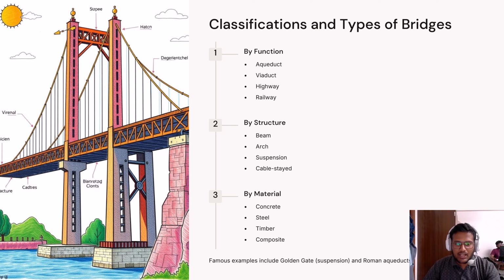Each structure type has its unique design philosophy and load distribution. And by materials, including concrete, steel, timber, and modern composites. Iconic examples include the Golden Gate Bridge, a suspension bridge, and ancient Roman aqueducts, which are a classic example of arch design.